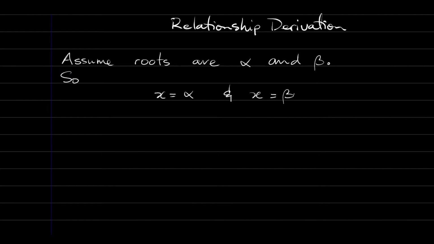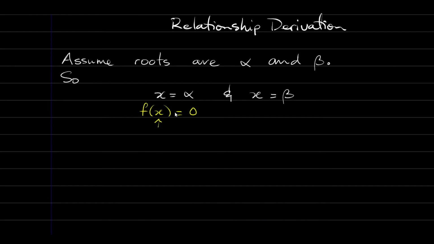Now, when you substitute these values into the quadratic, you get a 0, right? If I take alpha and put it inside of my function of x, and I get 0, that means that it is a root of the equation. That's 1.